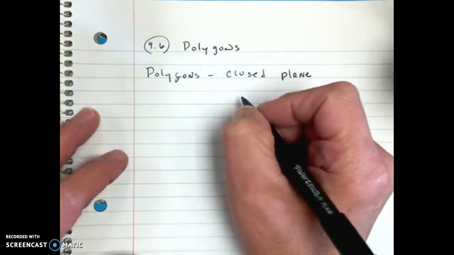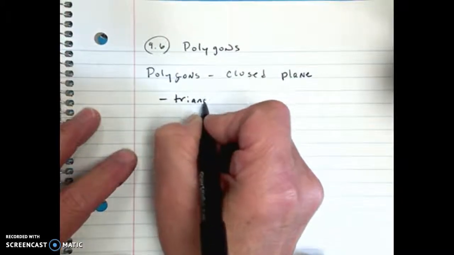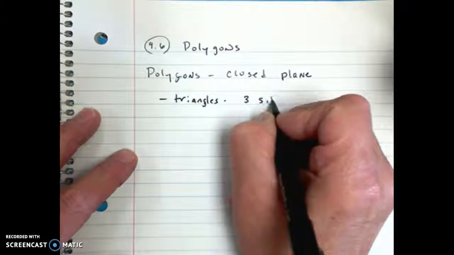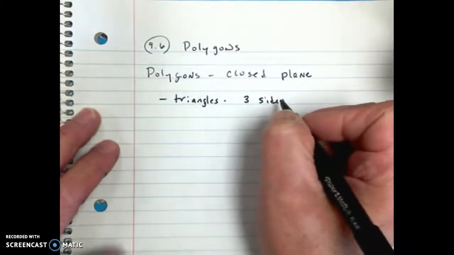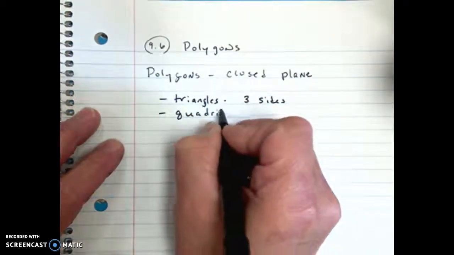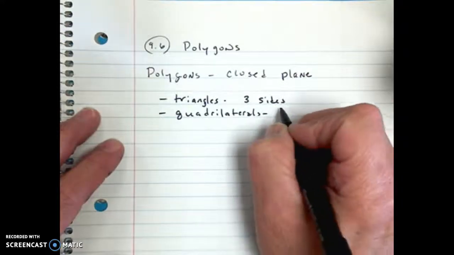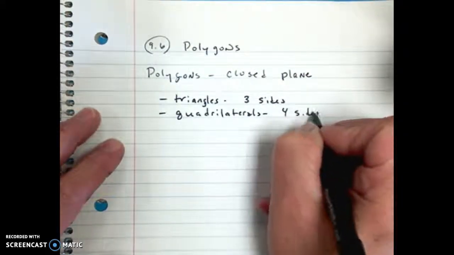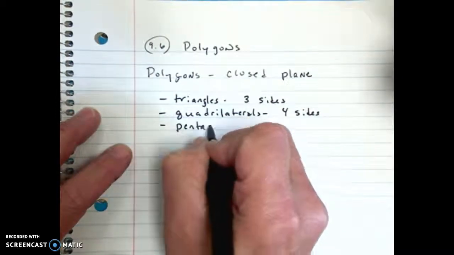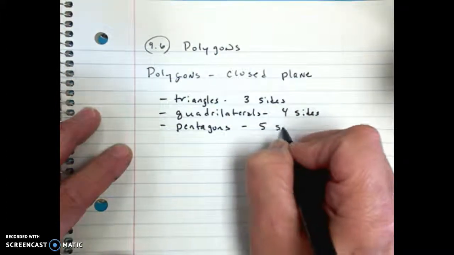So for example, we have triangles, which are polygons that have three sides. We have quadrilaterals, and they're polygons with four sides. We have pentagons, and they are polygons with five sides.